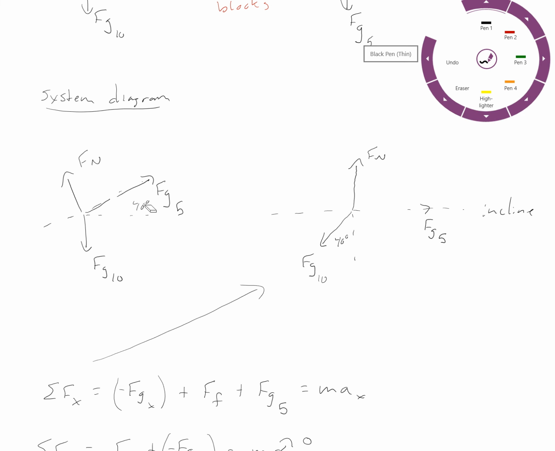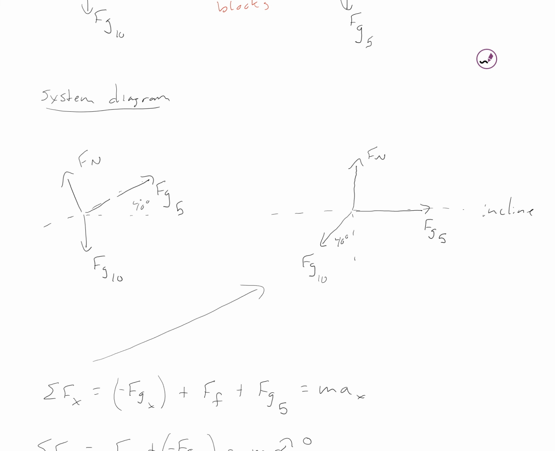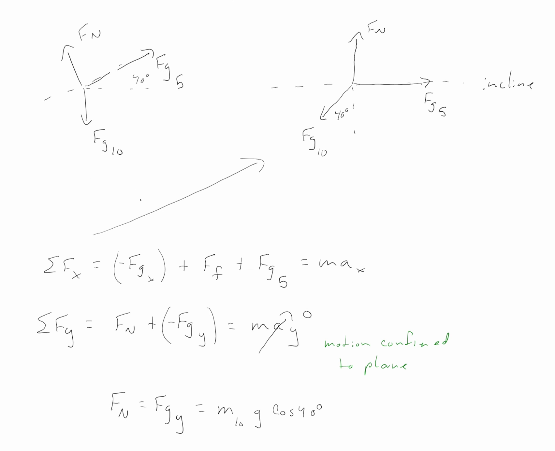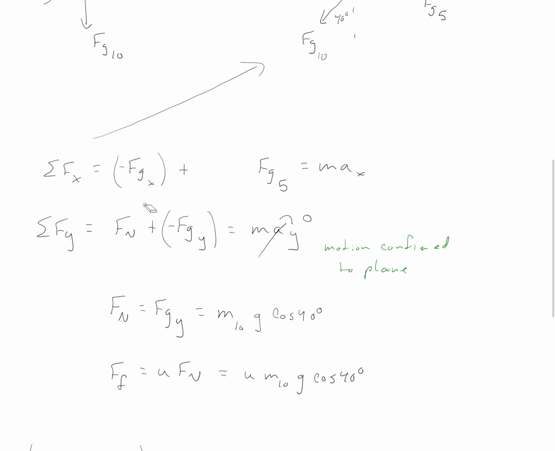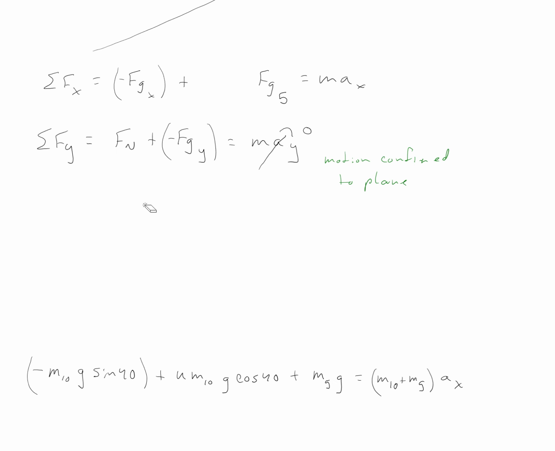Let me draw that back in there. Okay, don't need friction there, which means I don't need any of that. And I really didn't need to do that. Still have that part, I just don't have the coefficient of friction in here.